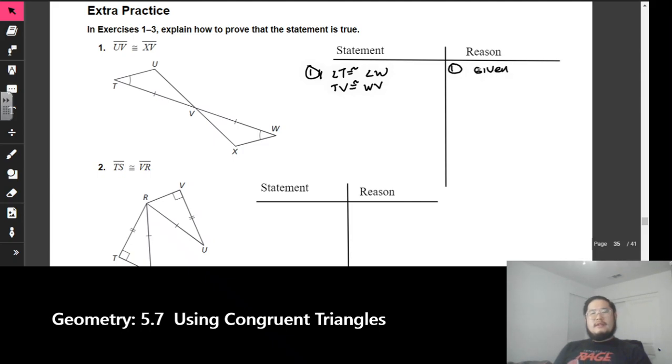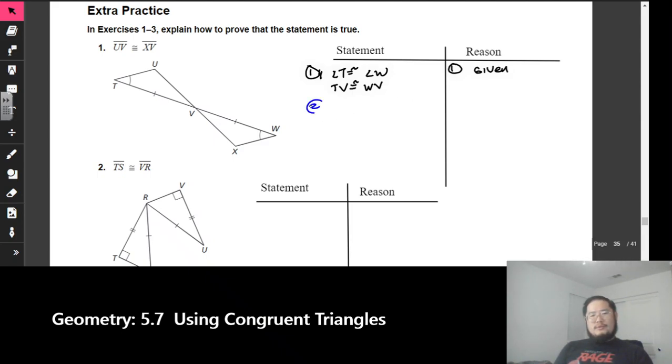That is given. So next up is to think, well, let's strategize. Are there any angles or any sides that I can say are congruent? And if I can, does that help me use one of our congruence statements that we have? ASA, SAS, SSS, etc.